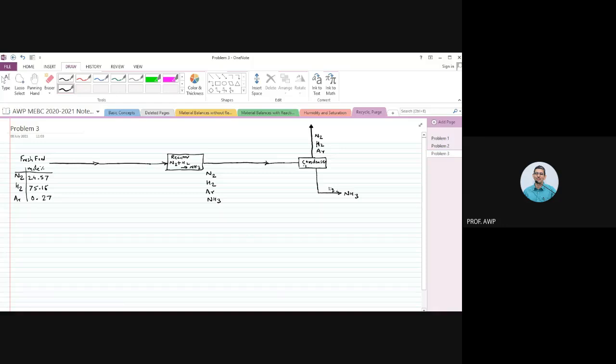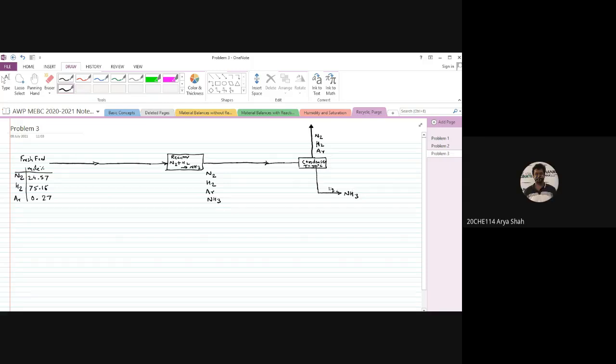Suppose this is at a temperature of 50 degrees centigrade, then the partial pressure of ammonia in this gas going out from the condenser will be equal to vapor pressure at 50 degrees centigrade of ammonia. But just to make your life simple, we are neglecting that just now. We are going to say that all the ammonia condenses out.